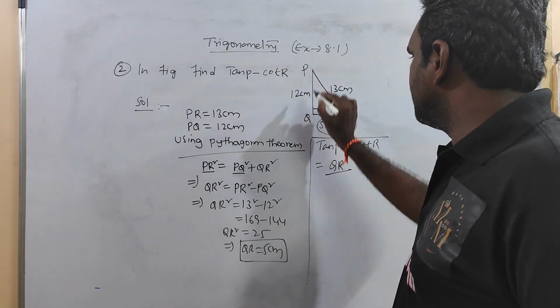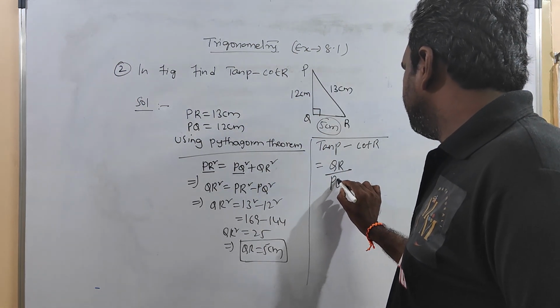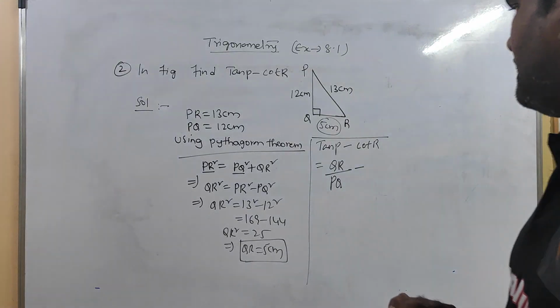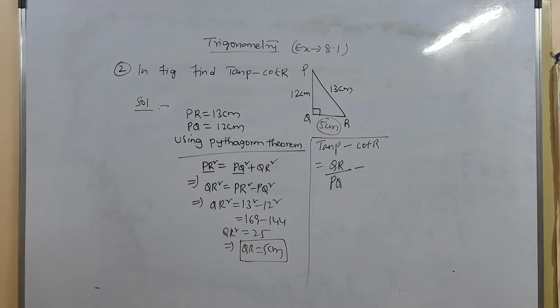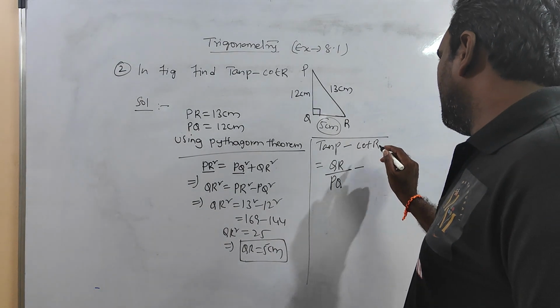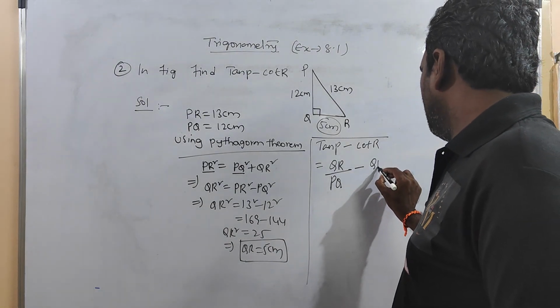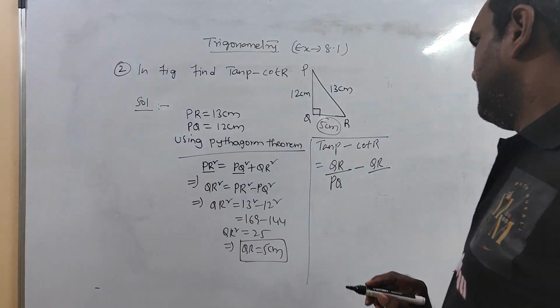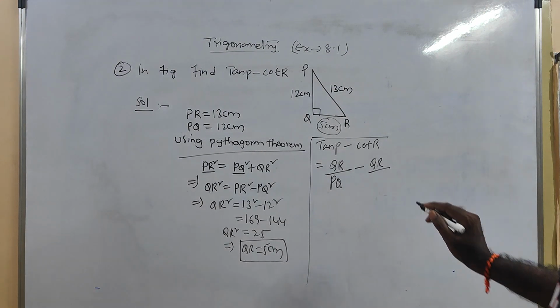And what is the adjacent side? PQ. And for cot R, what is the definition for cot? Cot is adjacent by opposite. Adjacent for cot R is QR by PQ.